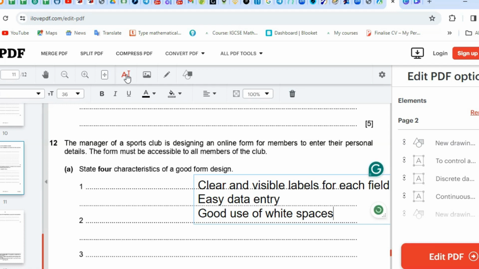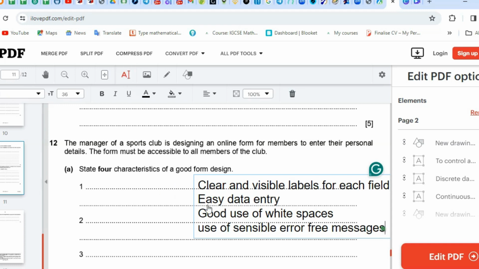Use of sensible error-free messages. That is, your messages should be error free. There shouldn't be error in your message.